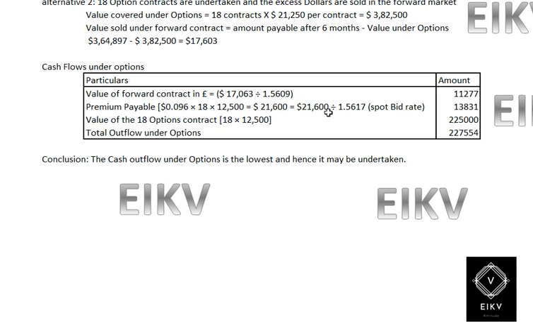That equals 21,600 divided by 1.5617, which is the spot bid, which gives you 13,831. Now the value of the 18 option contracts would be 18 into 12,500, which is 2,25,000. Therefore, when we add these three amounts, the total outflow would be 2,27,554.